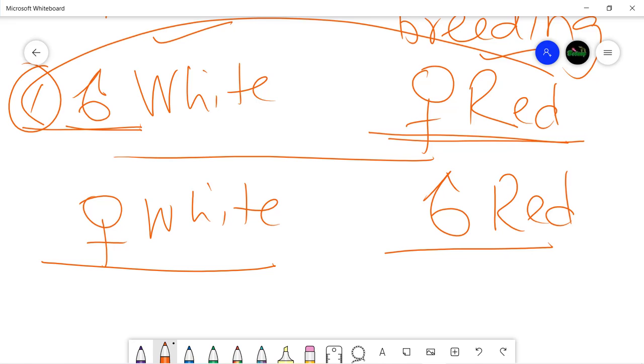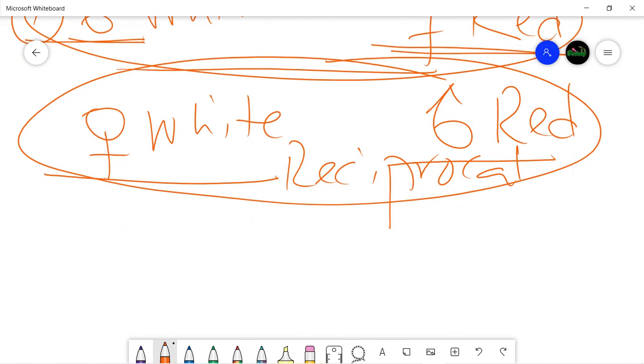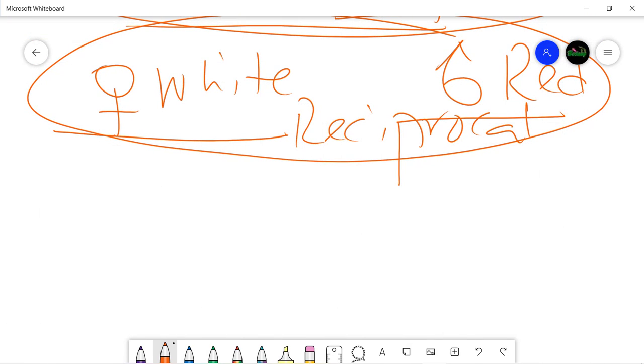The result of this particular cross was totally different from this one. That is, this was the initial cross and this was the reciprocal cross. The results were totally different. So soon it was found out that changing the sex of the individual changed the results as well.